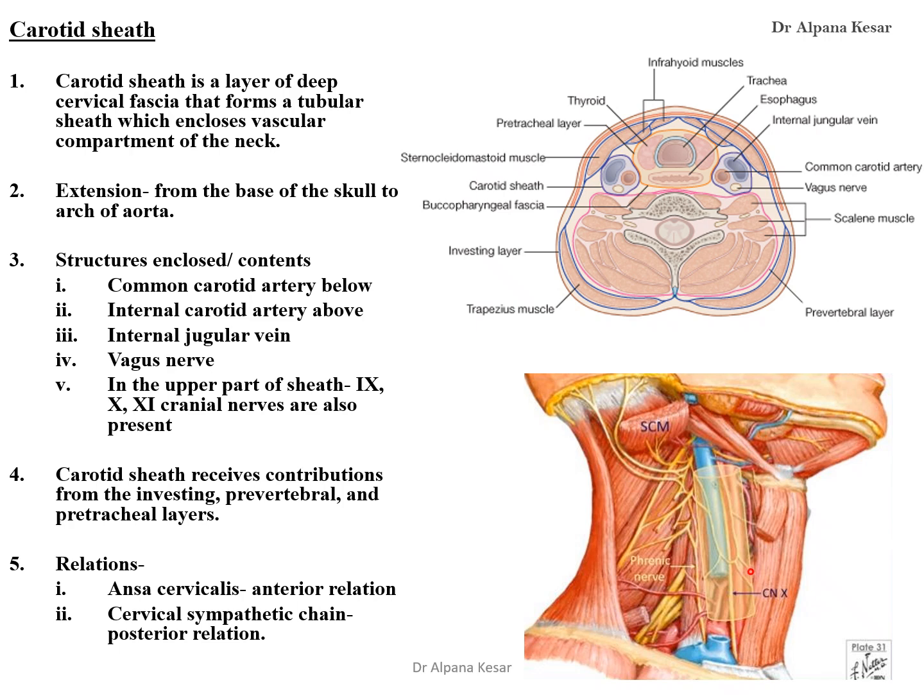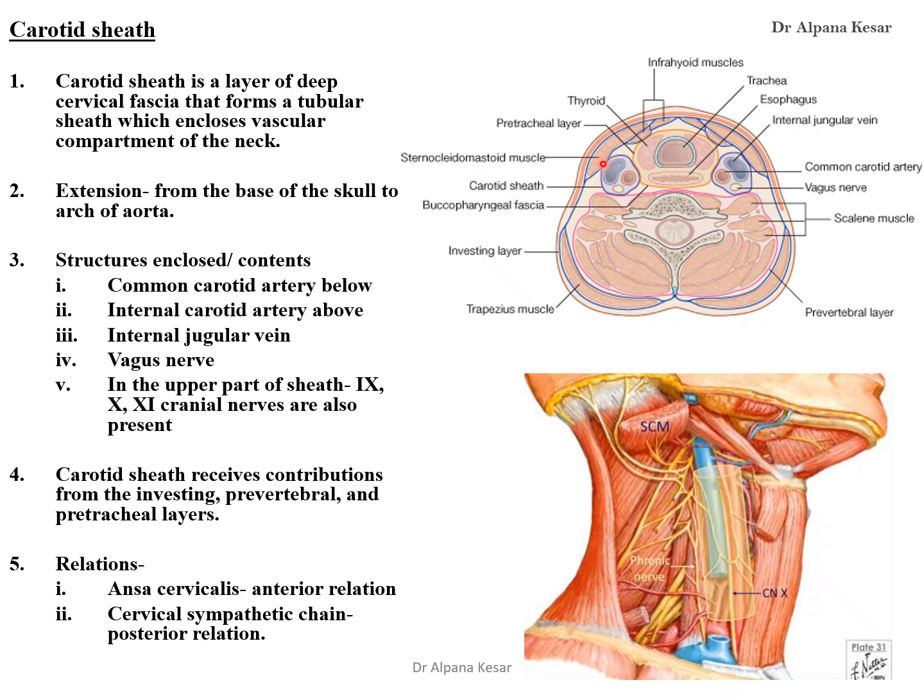Structures enclosed within the carotid sheath include the common carotid artery below and the internal carotid artery above. It also includes the internal jugular vein. Nerves included are the vagus nerve, and the ninth and the 11th cranial nerves are also present in its upper part.